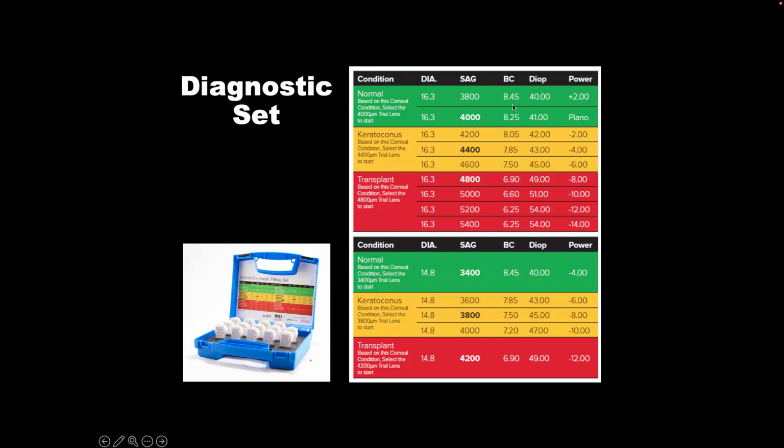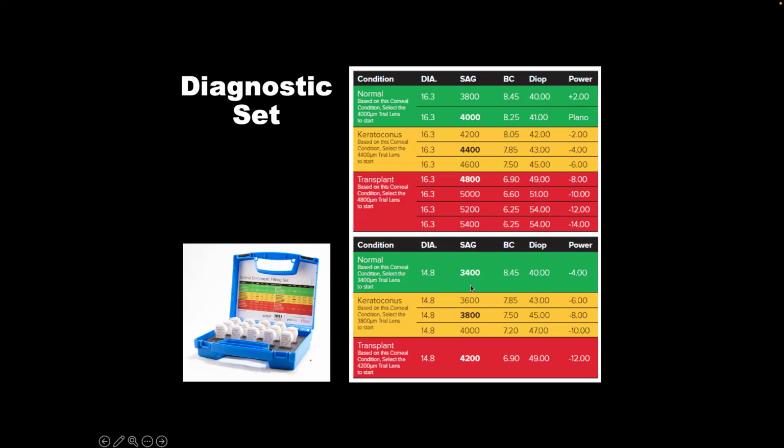You can see the base curve from a flat base curve of 8.45 to a steep base curve of 6.25, and the powers change accordingly. With the flattest cornea, we have a positive power, and with a steep lens, we have a minus power of minus 14.